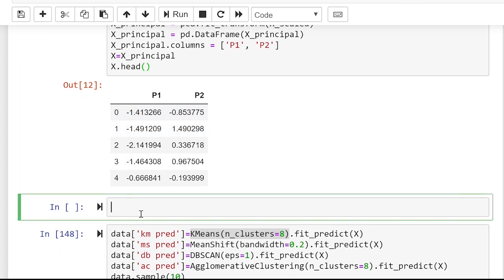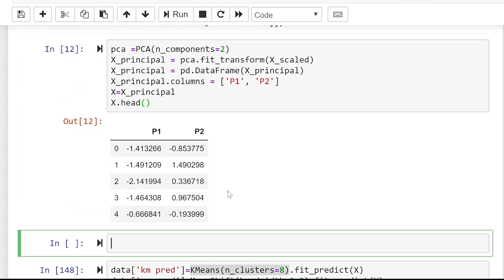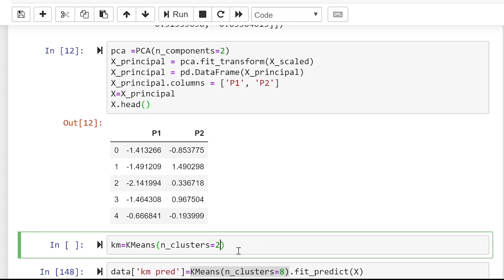Let's start with k-means. I would like to create a k-means object with number of clusters as 2.